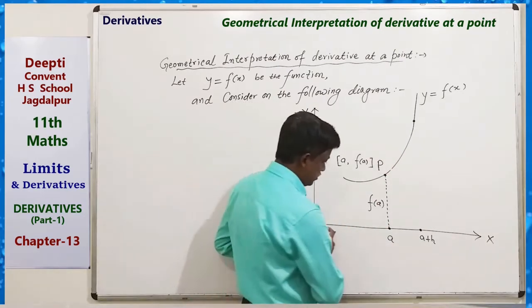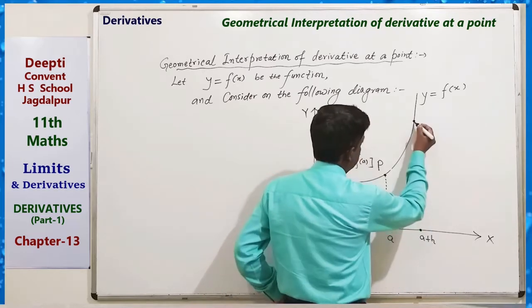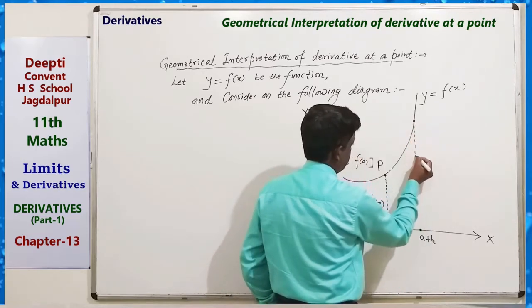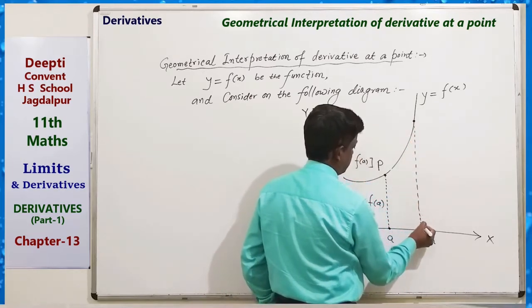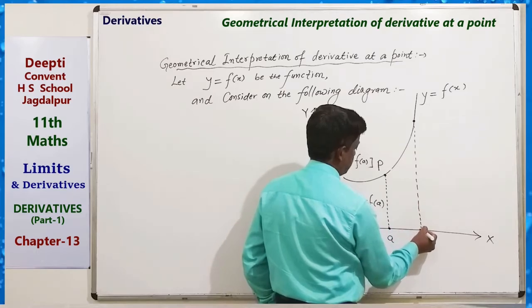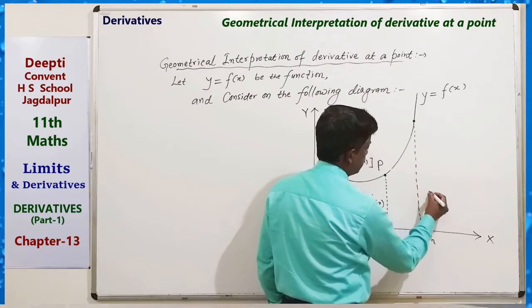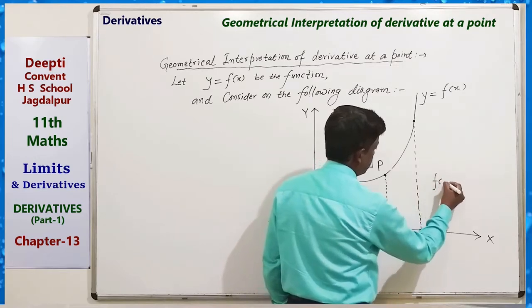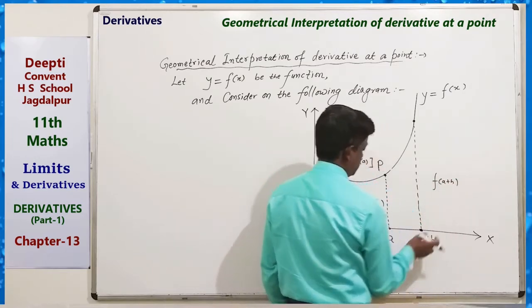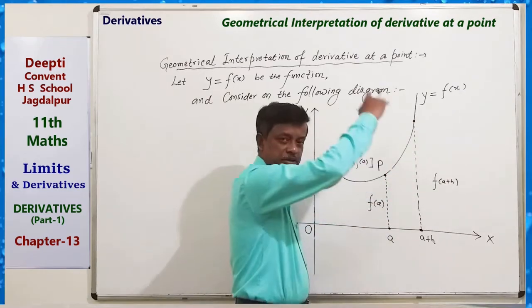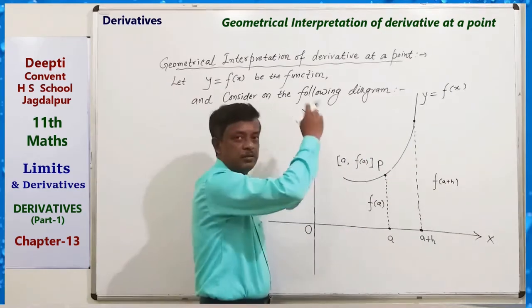Now this is the value of A plus h. Okay, this is A plus h. So this value is what? f(A plus h), the value of the function in this direction, the y-axis.